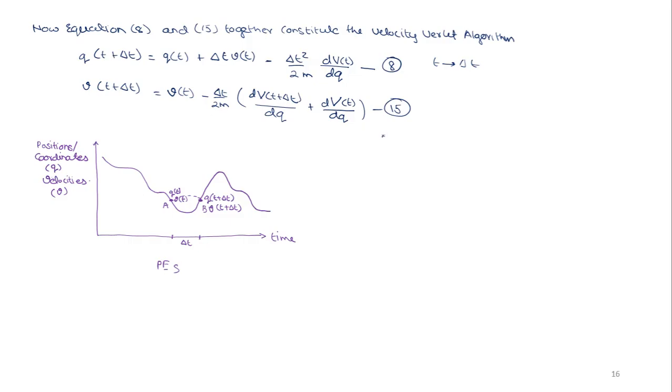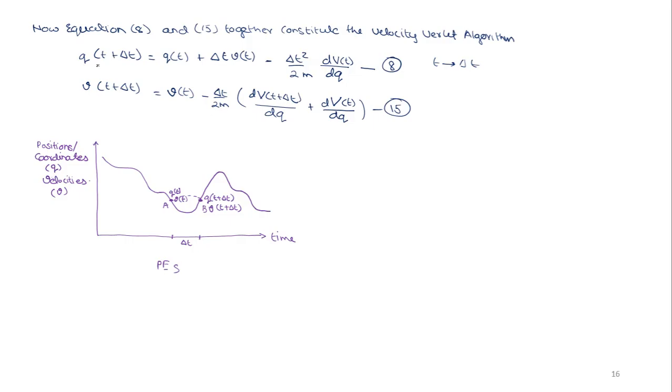Now let us again revise the significance of these two equations that constitute the velocity Verlet algorithm before we proceed with further discussion today. So this would be just a kind of revision. Using equation 8, one is able to find the new coordinates at time t plus delta t.